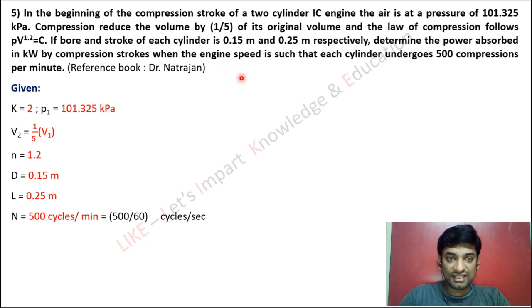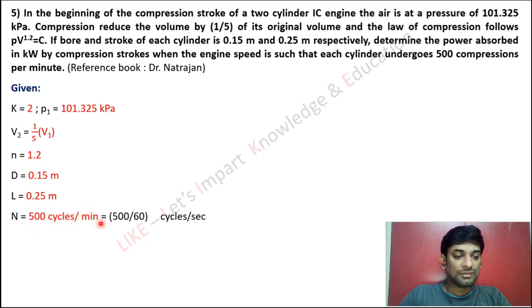So, in a cycle, you will be getting 1 suction, 1 compression, 1 power and 1 exhaust. So, you will be getting only one compression stroke per cycle. So, 500 compressions means 500 cycles per minute.